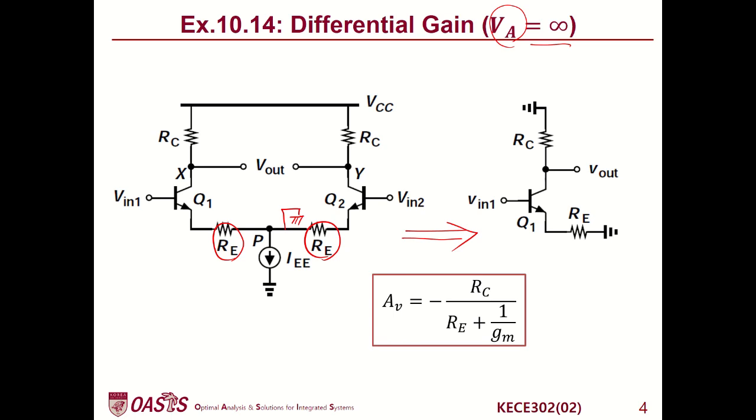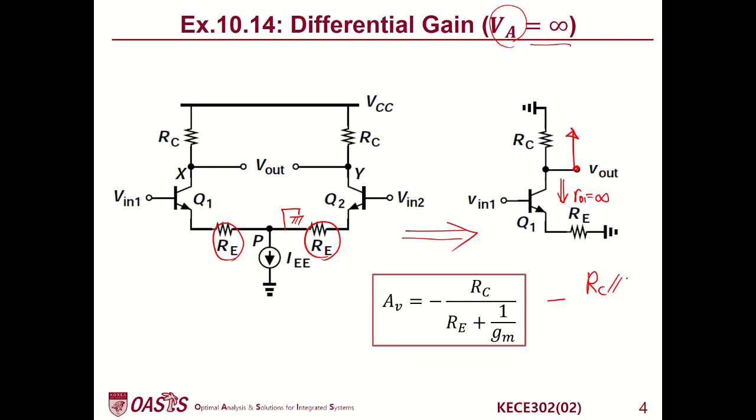Then the differential gain is the same as the single-ended gain, because this is a common emitter amplifier. Starting from the minus, from the output side to AC ground, you will see RC, and also the output impedance of Q1, but we neglect it by making VA equal to infinite.